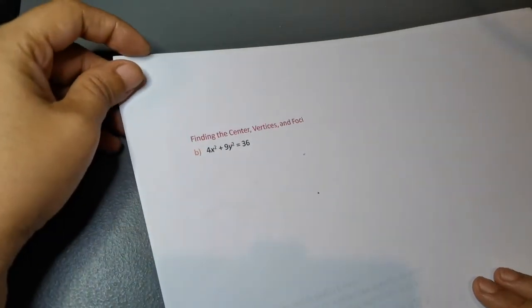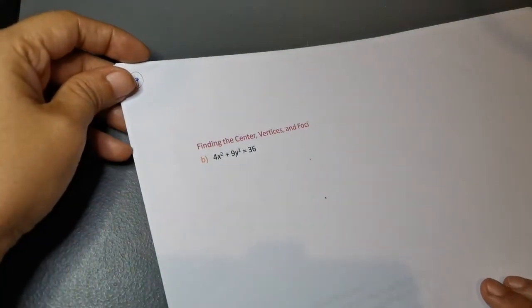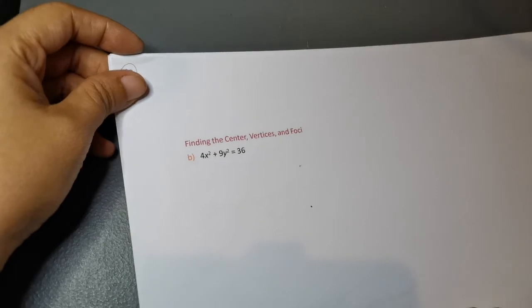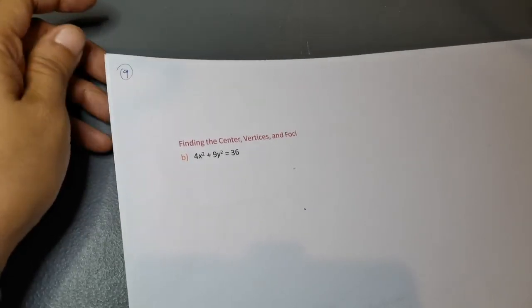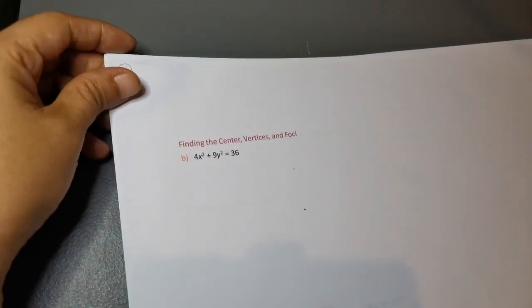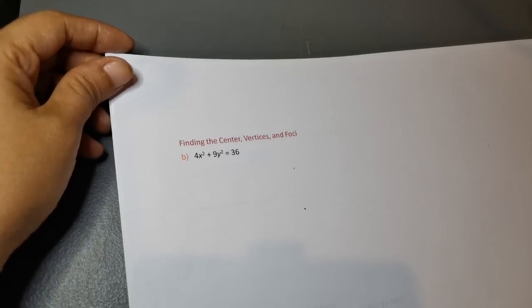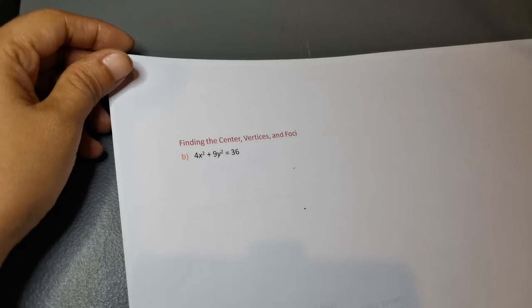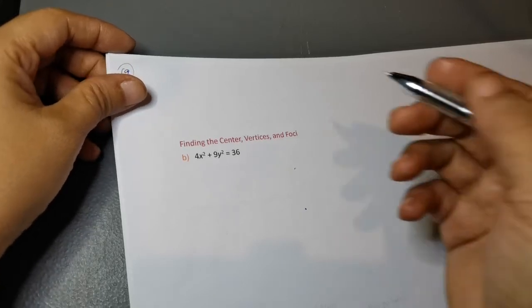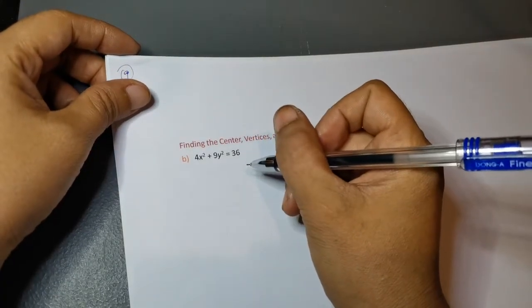How about finding the center, the vertices, and the foci if the given are like this? It is the general form of an ellipse. Therefore, isusulat natin ulit siya sa kanyang standard form. Okay? So, anong gagawin natin?